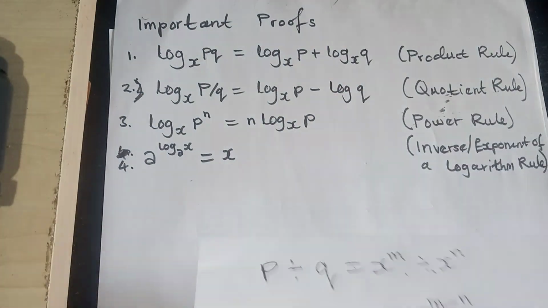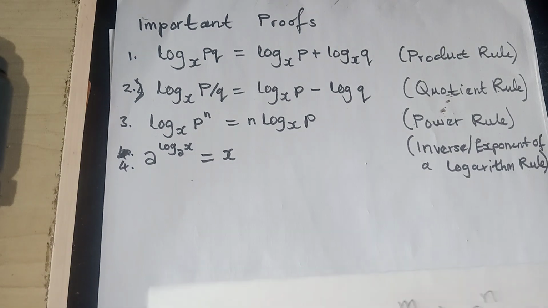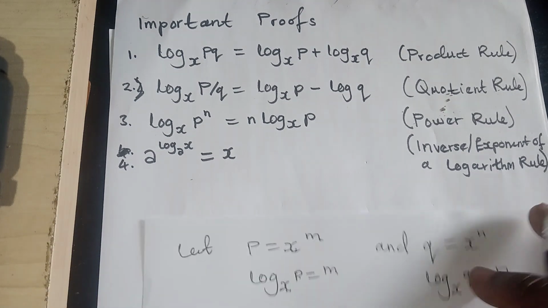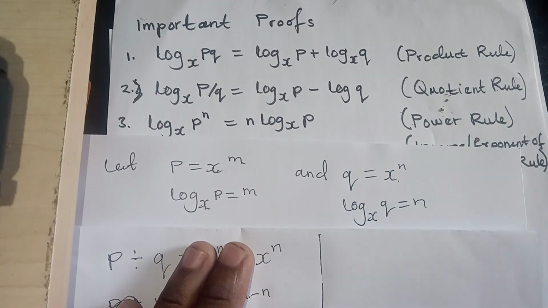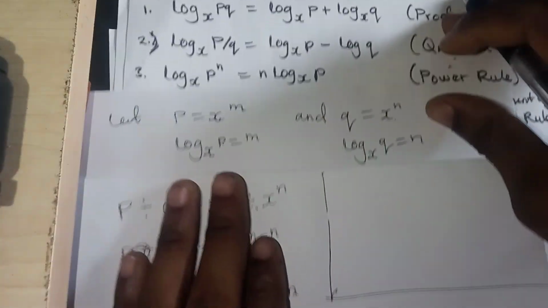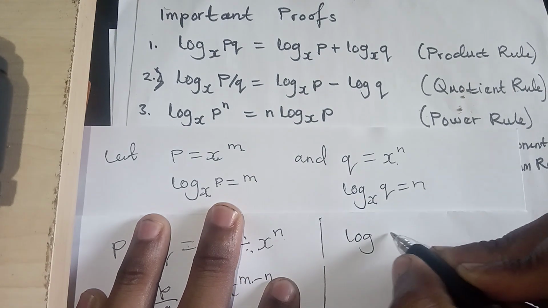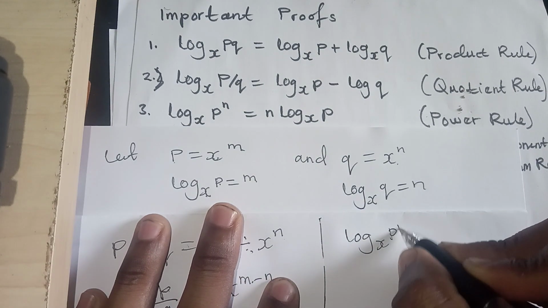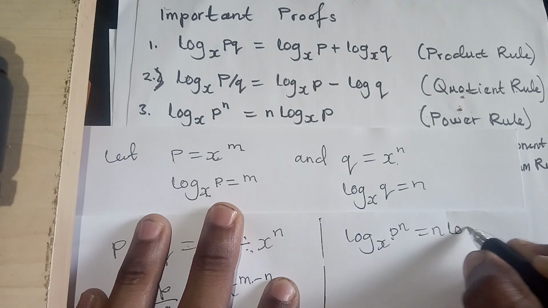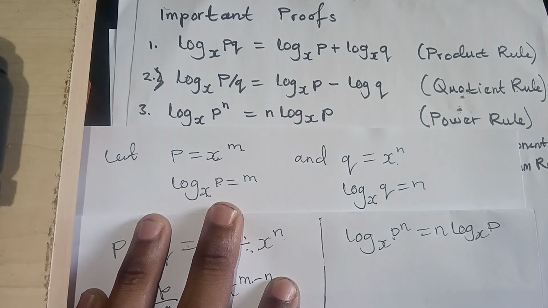And then for part 3, we can use this same thing here again. Let me just use this small space. This is a short proof. For part 3, we have log x of p to the power n is equal to n log x of p.